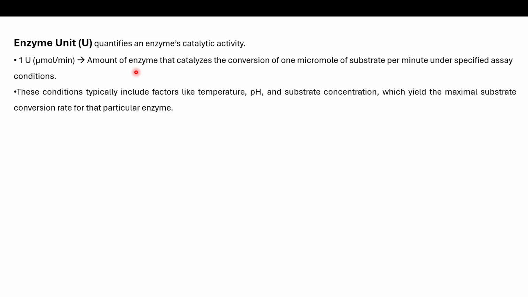And how much substrate should we be adding for the enzyme to act optimally? If the substrate concentration is too much, the enzyme won't show proper digestion or restriction activity, and it won't be efficient enough in completely converting all the substrate into the desired product.